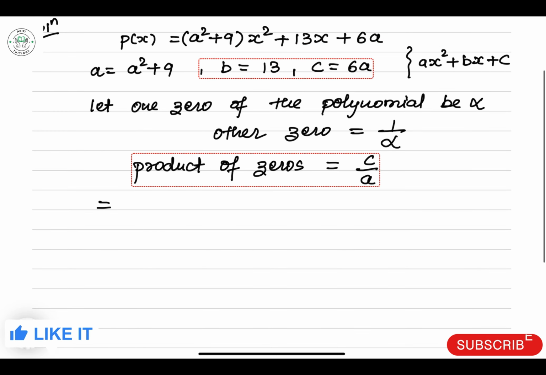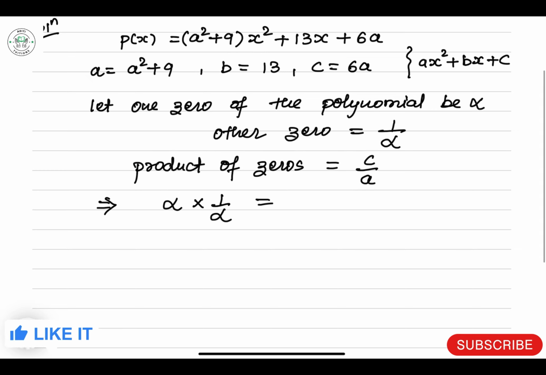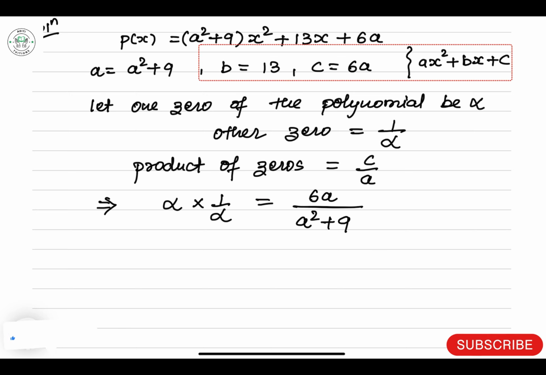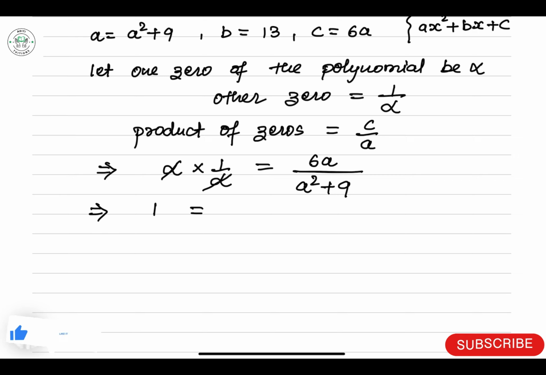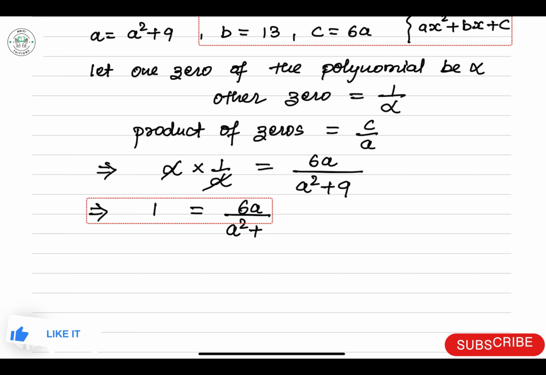One zero is alpha, the other is 1 by alpha, the c value is 6a, and the a value is a square plus 9. Alpha and 1 by alpha are in multiplication, so I can cancel them. Left is 1, so 1 equals 6a by (a square plus 9).